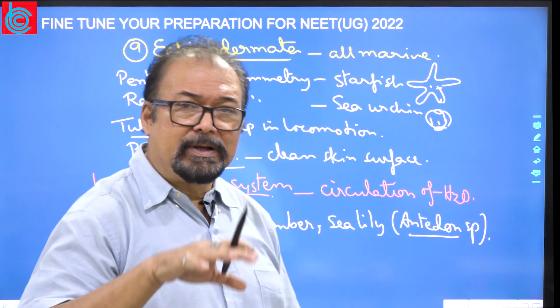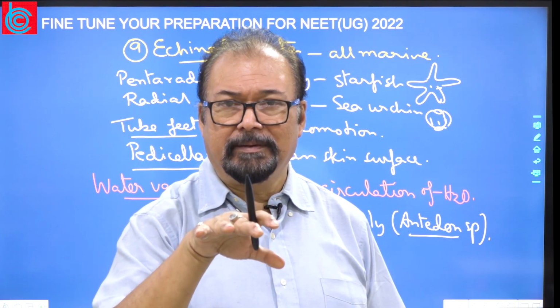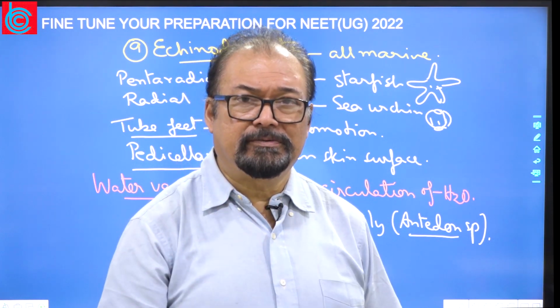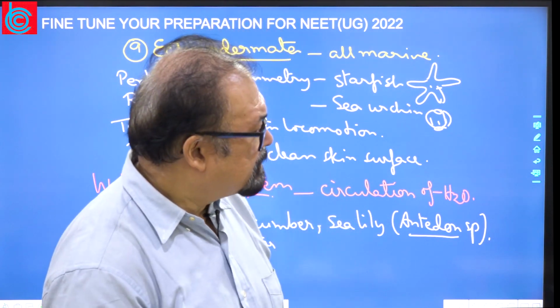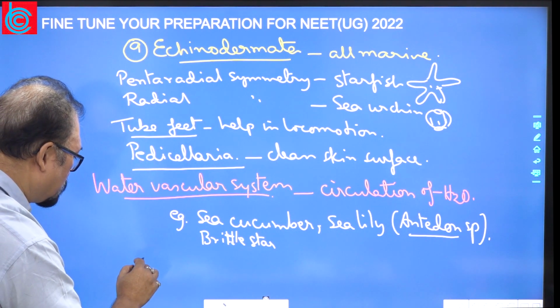Why brittle star? They have the arms which can move very rapidly. The arms can be broken very easily, but again they can regenerate. So these are some of the characters of echinoderms.